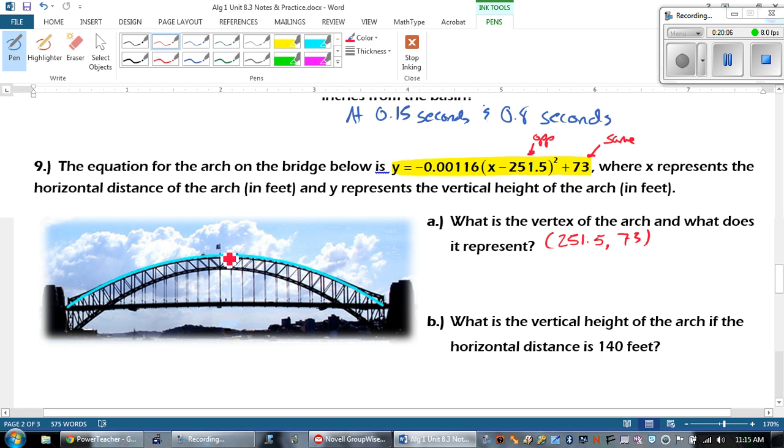So at my vertex, which would probably be about right there, what does that represent? It's the maximum height, okay?